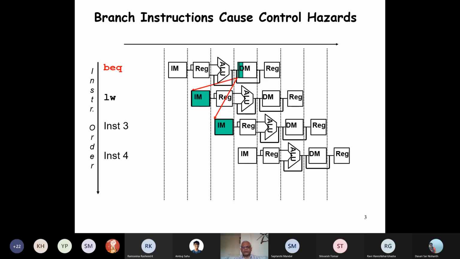We will be able to use the outcome of the branch condition checking, so that possibly we can get the correct instruction based on the branch outcome. If the branch condition is true, we'll have to fetch from the target. Otherwise, if the branch condition is false, we just get the succeeding instructions.